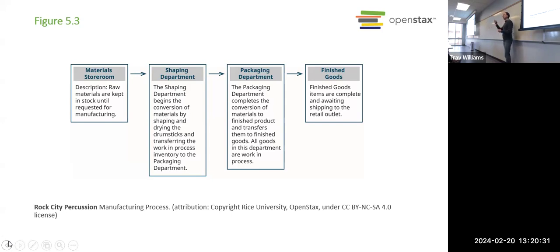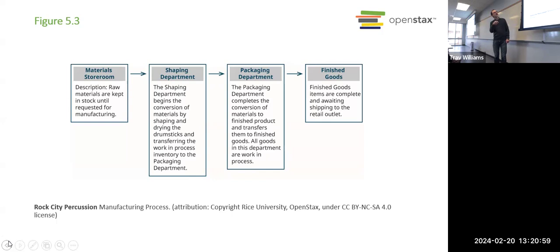So again, they might shrink wrap those drumsticks, and if they do that, that requires some shrink wrapping material. Or maybe they put them in a little cardboard box. That would be material as well. So the packaging department will be adding its own material, labor, overhead to this process. And then it becomes a finished good.